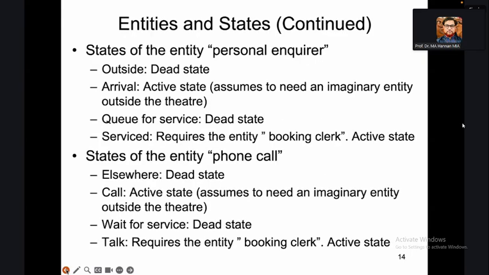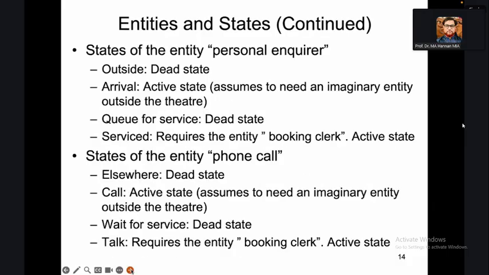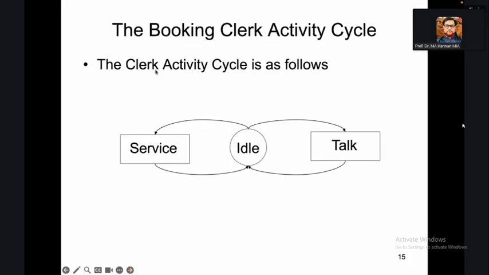The first one is the booking clerk. So if we talk about the booking clerk, we identified his idle state, he is serving and he is answering a phone call. So for these three, if we develop an entity of the clerk activity cycle diagram, okay, the clerk was idle before he received a particular call.